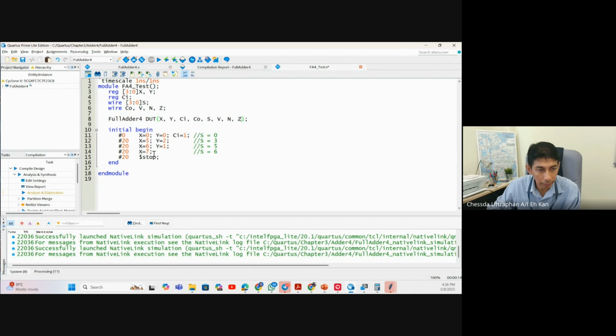Now let's see this. This should be the same. This is X greater than Y, right? Let's have one where X is less than Y. So for example, we have X equal to 2 and Y equal to 5.